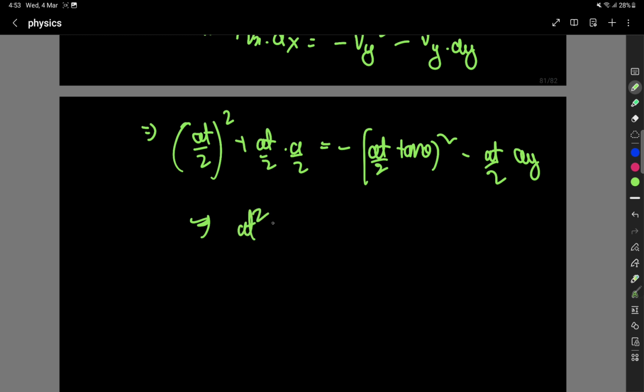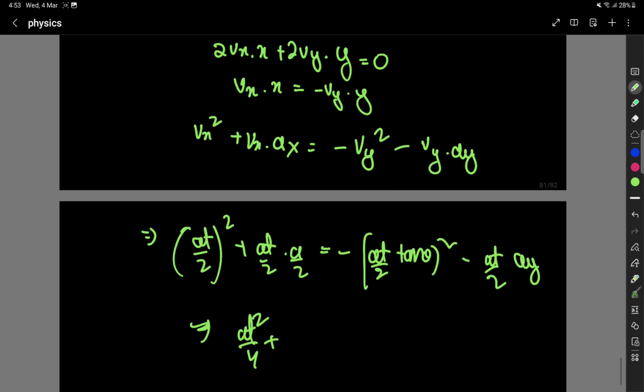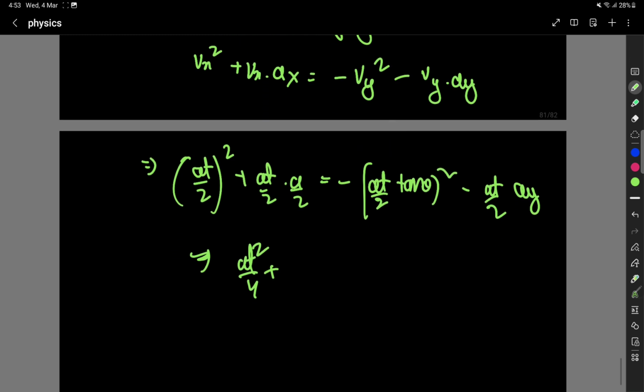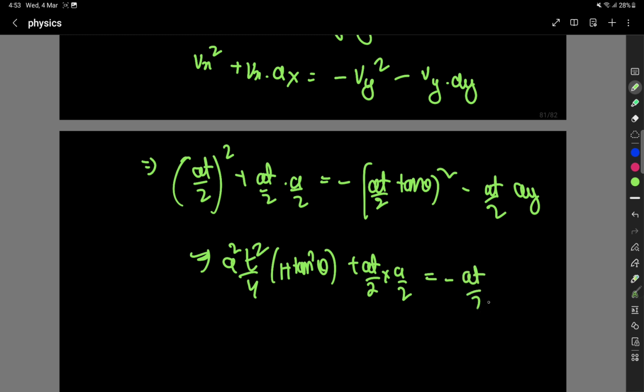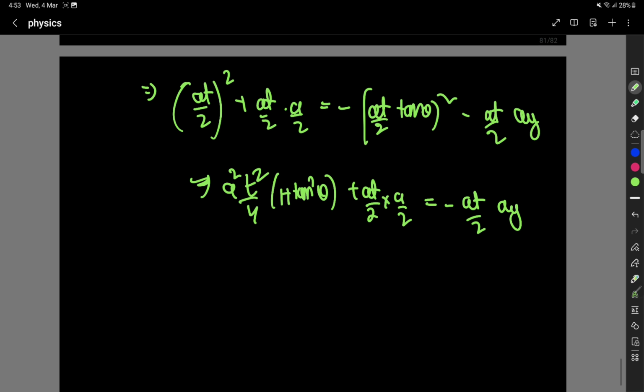So 80 square by 4 into 1 plus tan square theta is 80 by 2 into A by 2, minus 80 by 2 Ay.